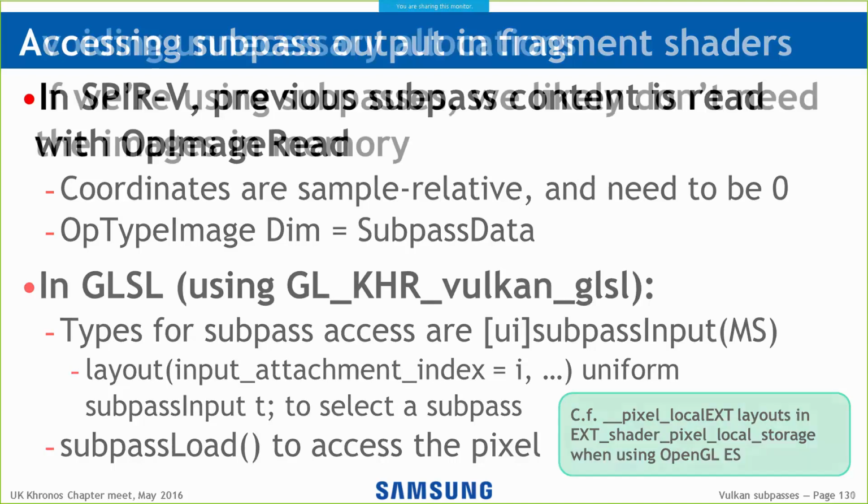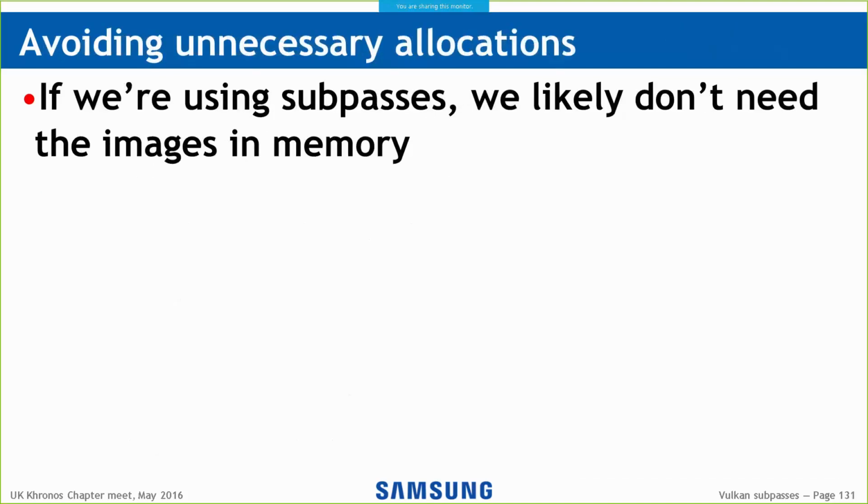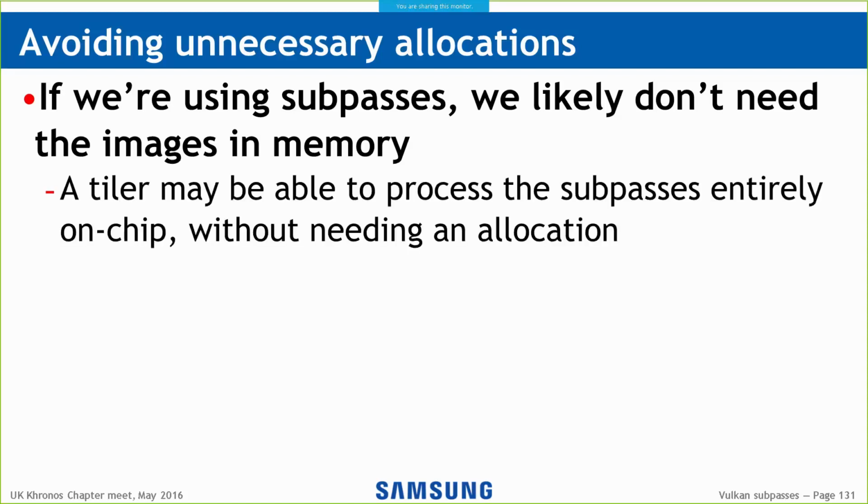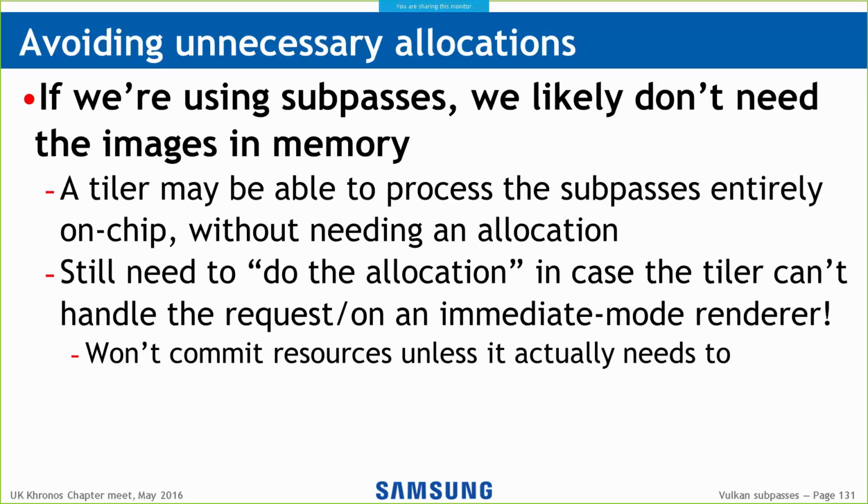So one aside: if we're keeping all of our intermediate memory accesses on chip, then hopefully we don't need to actually allocate memory for them anyway. Theoretically you do need to do the allocation anyway, just in case you're on something that's not a tiler, or if the tiler fails to cope for some reason.